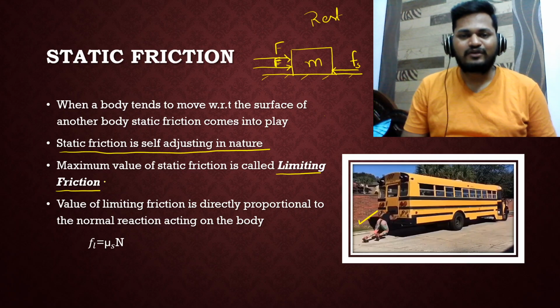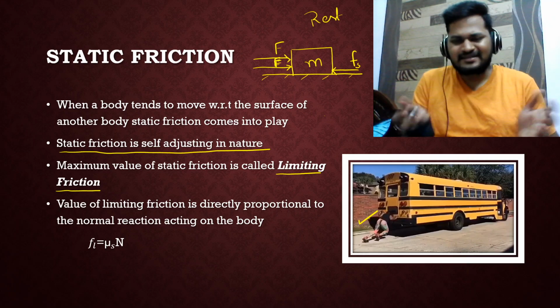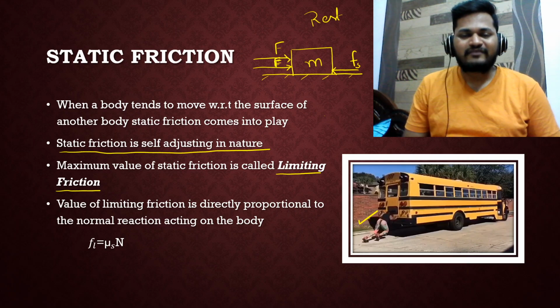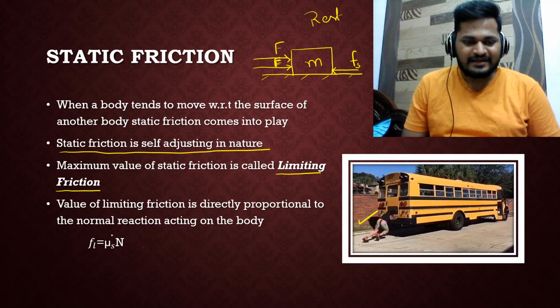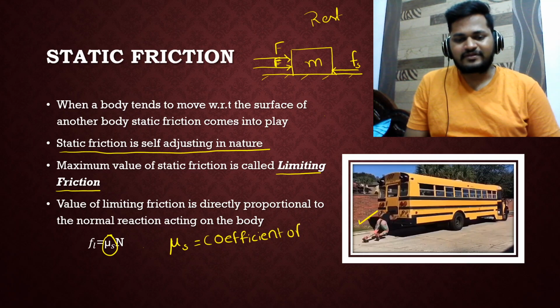When the object is about to move, then that maximum value of static friction is called limiting friction, and usually this limiting friction value is directly proportional to the normal reaction, and the proportionality constant is denoted with mu suffix s. Okay, that mu suffix s is called the coefficient of static friction.